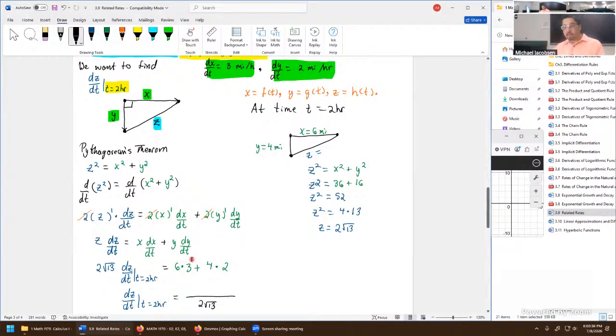The right-hand side numerator is 18 plus 8, which becomes a 26 over 2 root 13, which becomes a 13 over root 13.